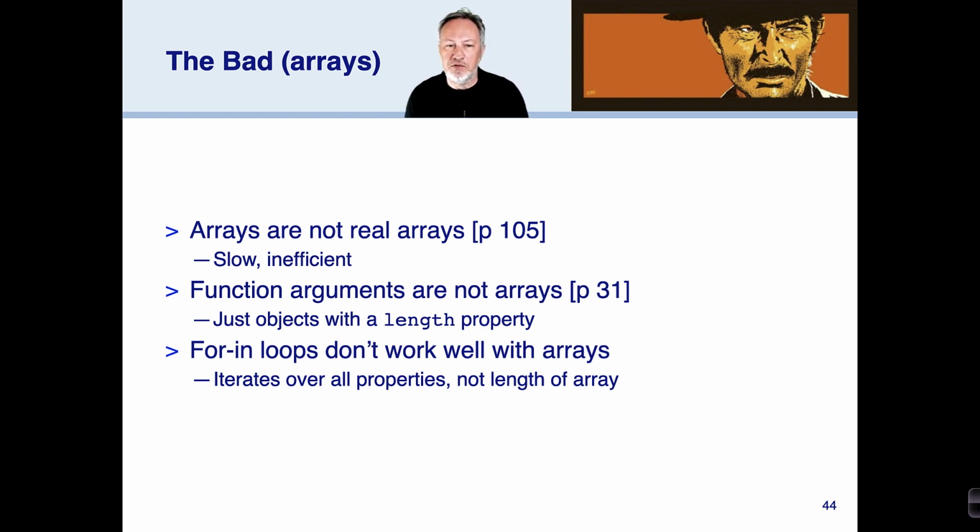So one of the issues that are mentioned is that arrays are not real arrays. So in fact, they're objects and they're not implemented in a very efficient fashion. Function arguments are also not arrays, they're just objects with a length property, which also can cause some issues. For in loops don't work very well with arrays.